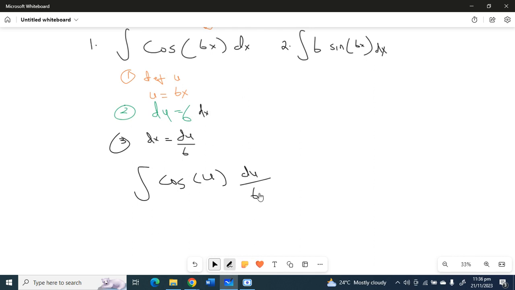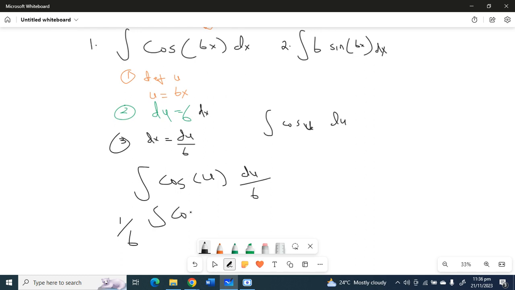We want our integral to look like this: cos u du, so that we can integrate properly. In order to get rid of the 6 in the denominator, we just take it out of the integral sign. So it's going to be 1 over 6, because du over 6 is the same as 1 over 6 du. Okay, so we remain with 1 over 6, the integral of cos u du.